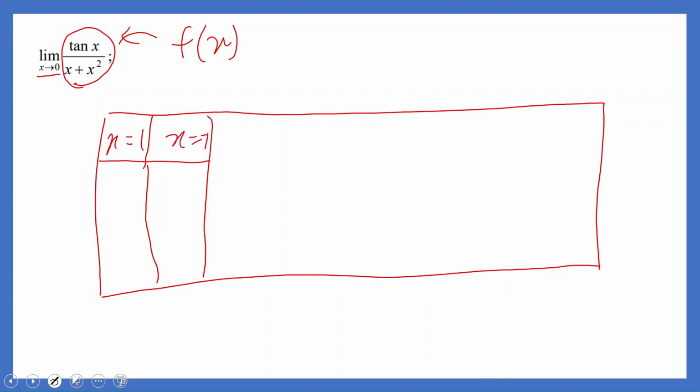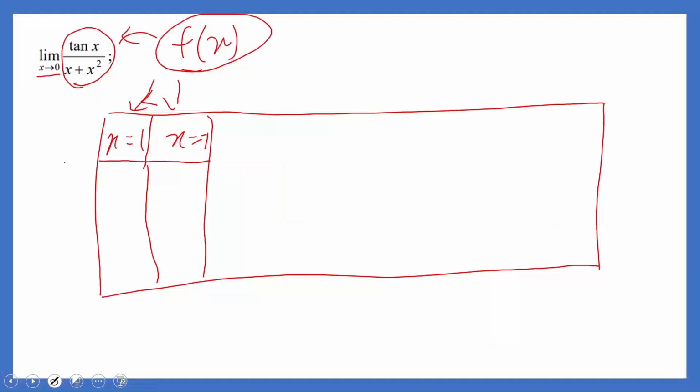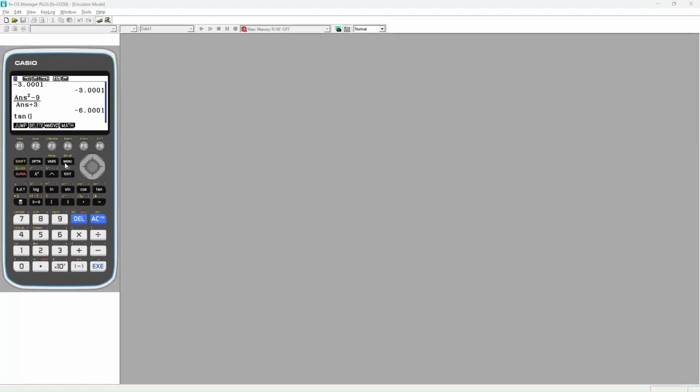And I want to see what happens to this f of x at these two values. So I'm going to use my GDC over here. This is tan of, what is it, minus 1, yeah? So I'm going to write tan of 1, then divide that by 1 plus 1, because 1 squared is 1.